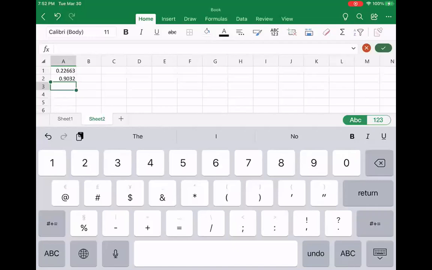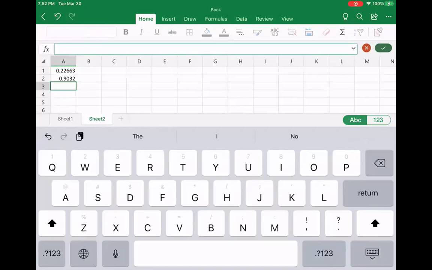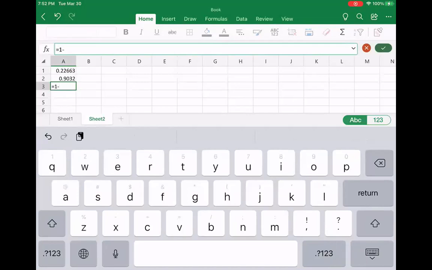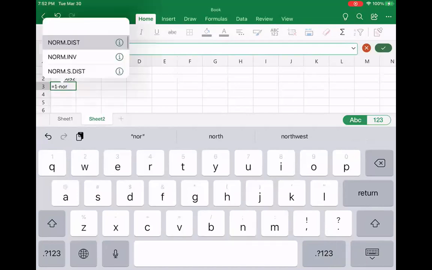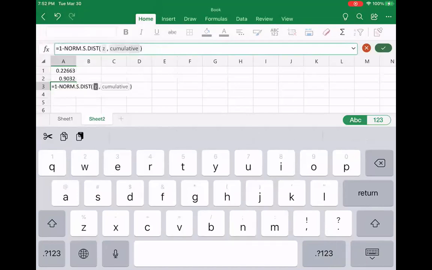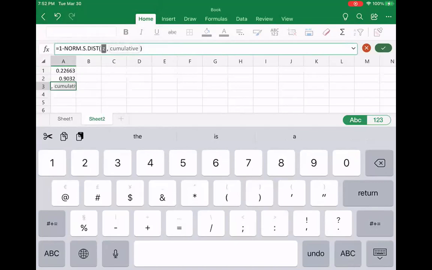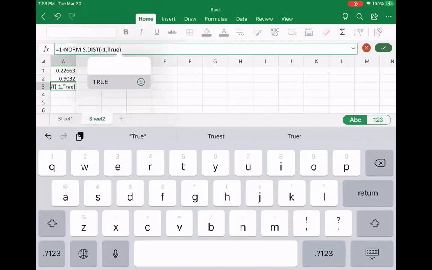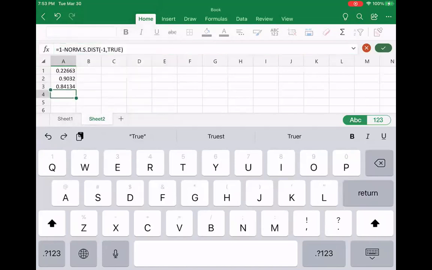Because it's greater than -1, I start the function, equals 1 minus NORM.S.DIST of -1, cumulative goes to true. Type that in. Here's what you get, 0.84134.